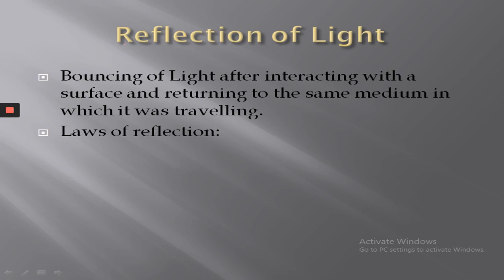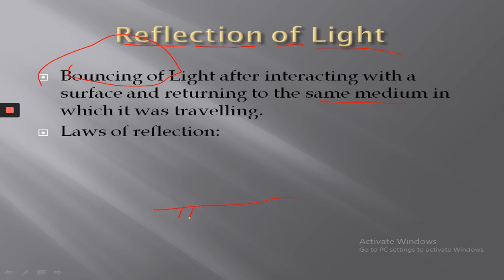Now, the first property of light that is familiar to us is reflection of light. What is reflection? Basically, it is the bouncing of light when it interacts with a surface and returns to the same medium in which it was originally traveling. Suppose you have a surface like this.